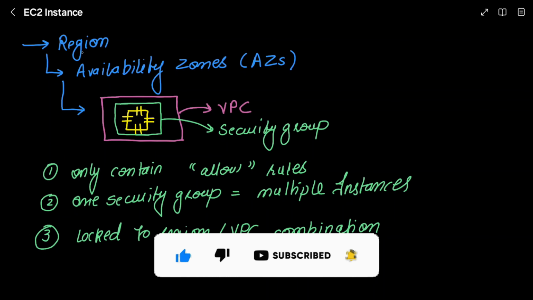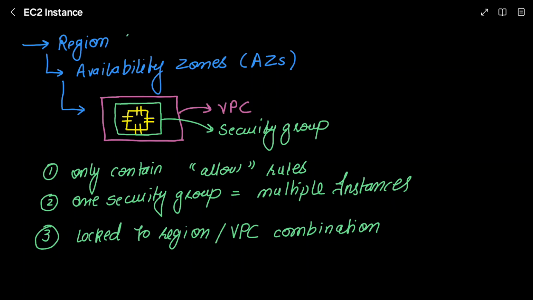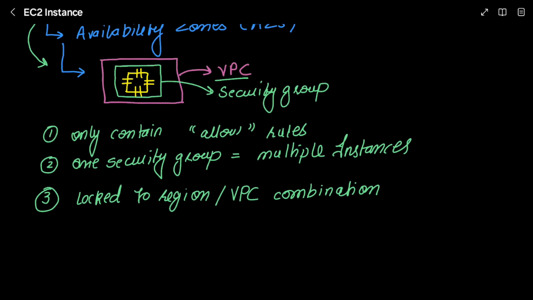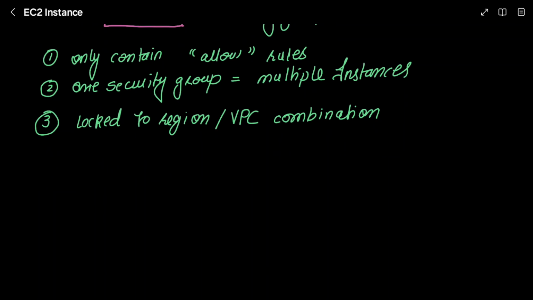So you would have a specific region over here, and then all the way down to VPCs. This is the kind of combination that a security group would be locked down to. You can remember this particular bit for the sake of examination.